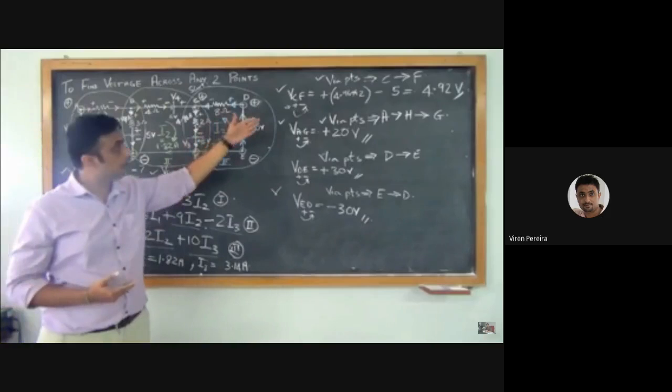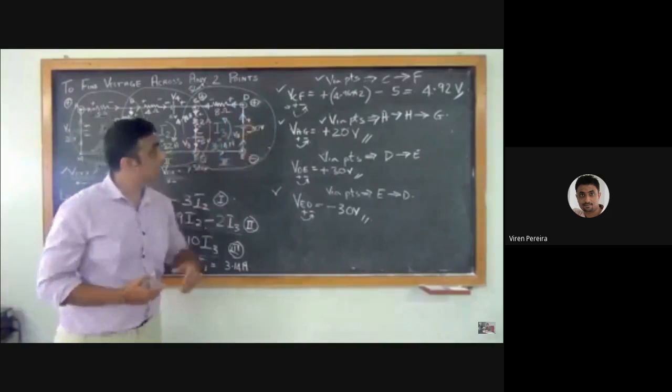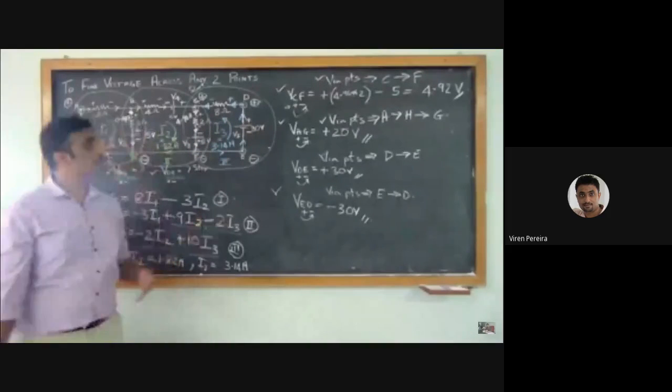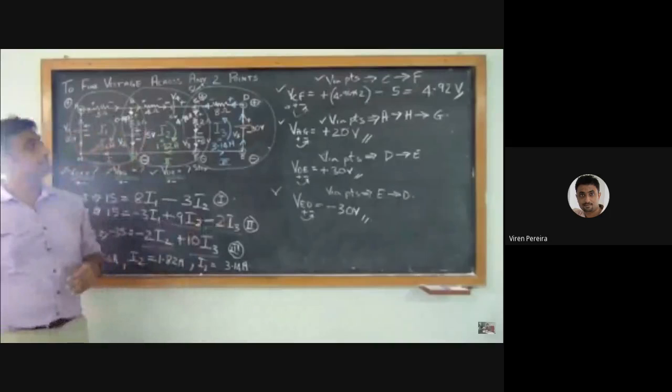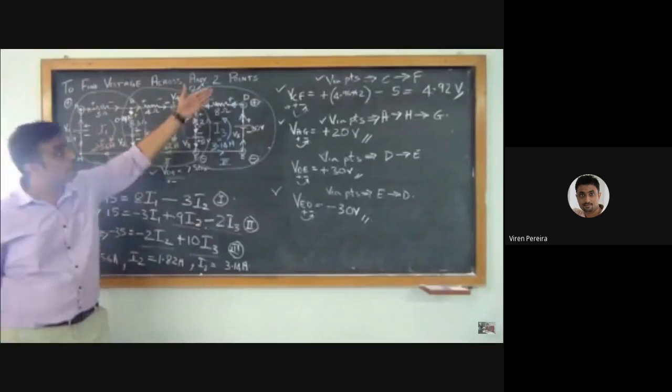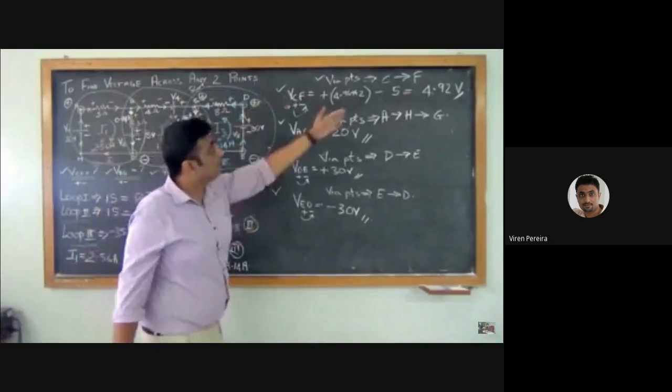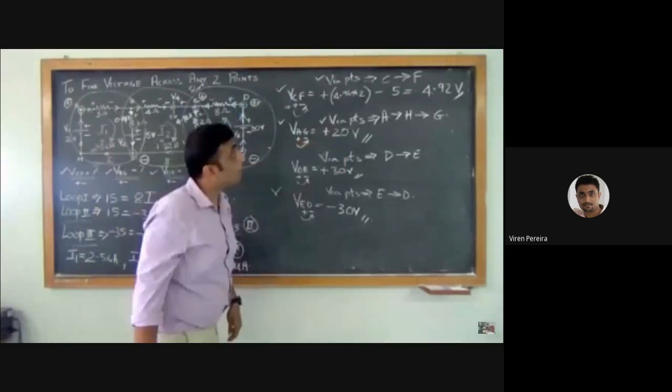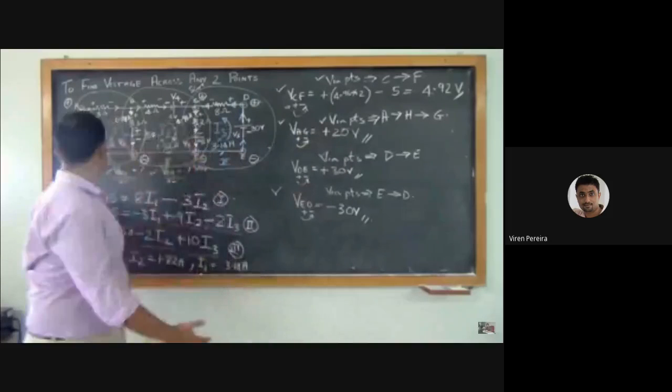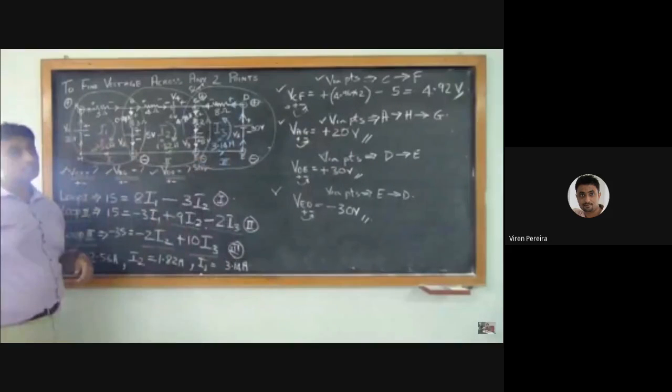If you find out the value of VAG, which is 20 volts, so definitely VGA will give you minus 20 volts. If you find out the value of VCF, which is 4.92 volts, which was our first voltage that we have to find out across terminals C and F, we got 4.92.